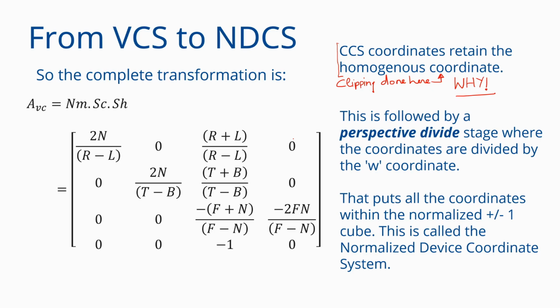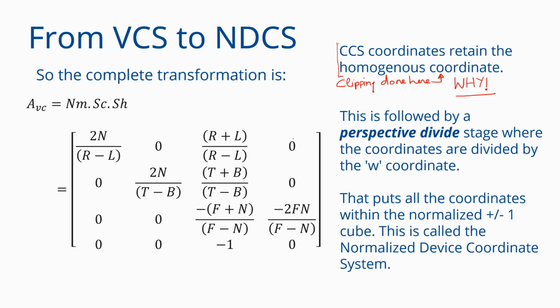Figure out which plane is clipping these line segments, and then divide by the homogeneous coordinate to drop from the CCS to the normalized device coordinate system, that is the NDCS, and again try clipping in NDCS. And you should be able to figure out the example of a line segment where, if instead of clipping in CCS, you clip in NDCS, the clipping is incorrect.